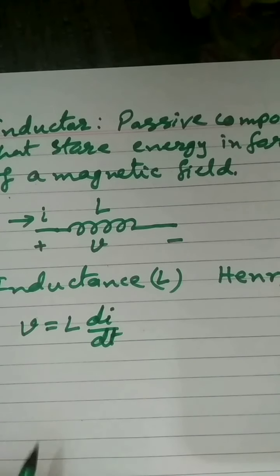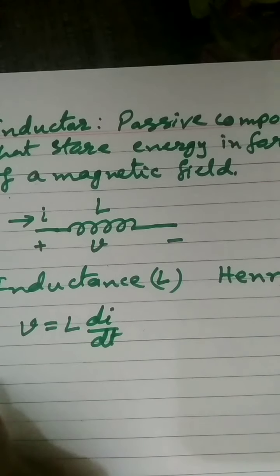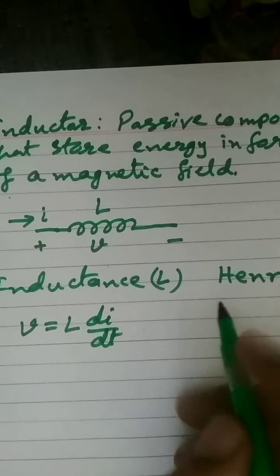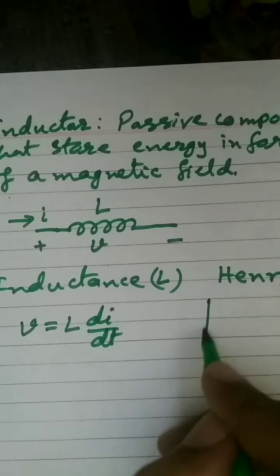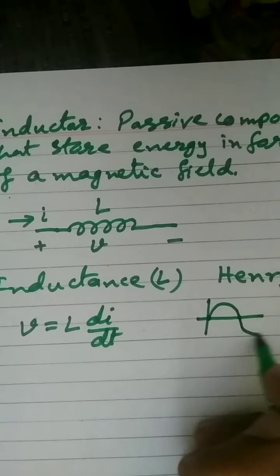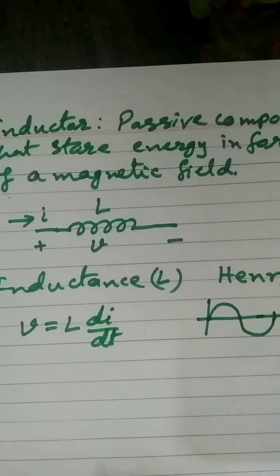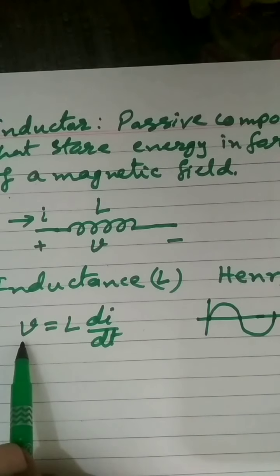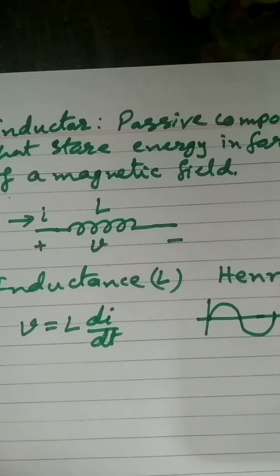If there is a rate of change of current flowing through an inductor, the EMF will be induced in the inductor. Remember one thing, the inductor can be used in AC circuits only, because in AC circuit we know that the current changes with respect to the time. Then only we will get the voltage across the inductor.